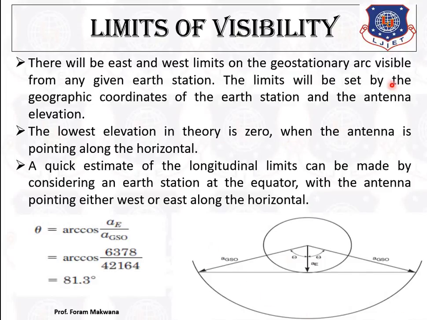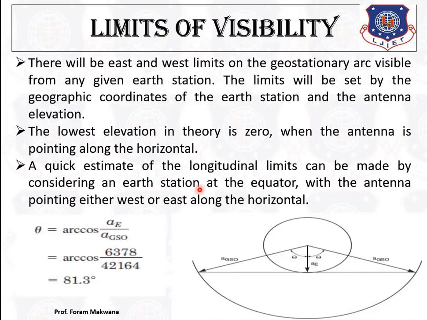The limits are set by the geographic coordinates of the earth station and the antenna elevation. The lowest value of elevation is 0, when the antenna is pointing along the horizontal.